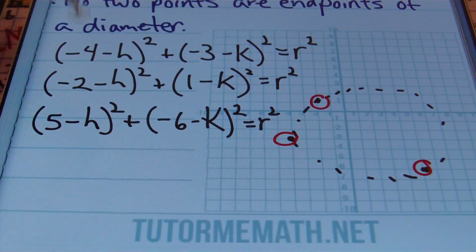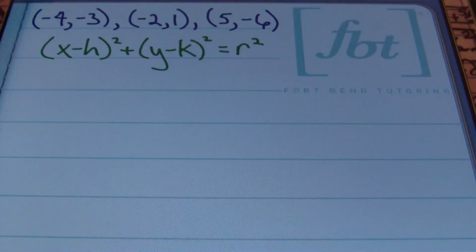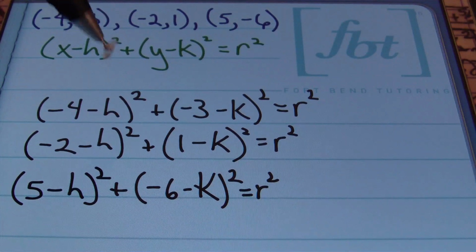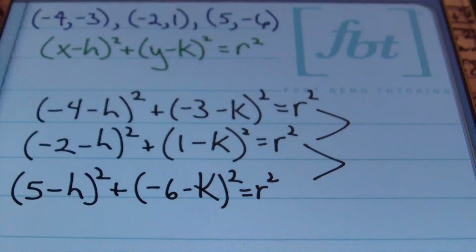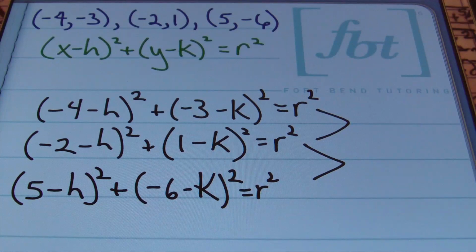All right, and it's these 3 equations that are going to help us solve for our center-radius form. So what happened was we had our 3 given points, (-4, -3), (-2, 1), (5, -6), and we used the center-radius form to come up with this system of equations. All right, and we're going to start by setting the first 2 equations equal to one another and the second and third equations equal to one another because they all equal r squared.